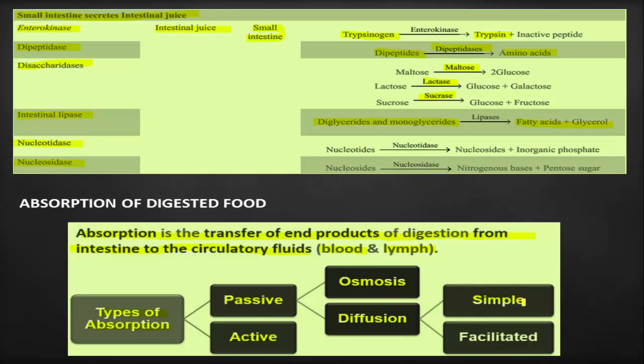Diffusion is of two different types, simple diffusion and facilitated diffusion. By these methods, the end products of digestion are transferred to the circulatory fluids such as blood and lymph, so that every nutrient is supplied to body cells through the circulating body fluids.